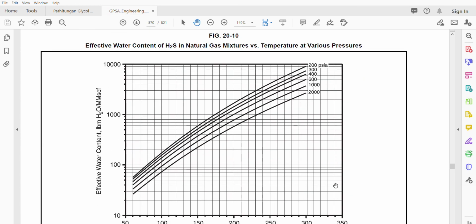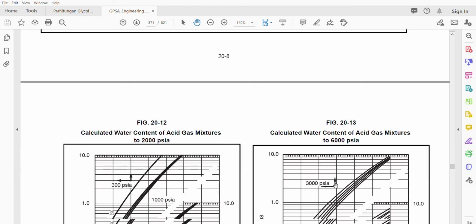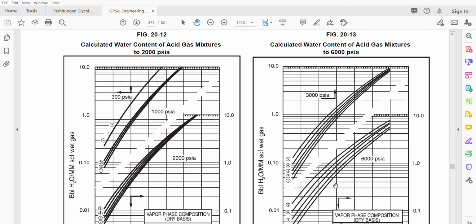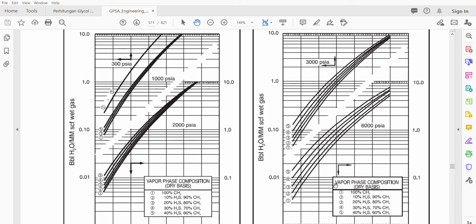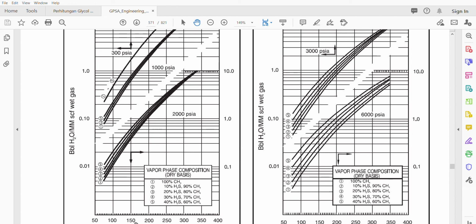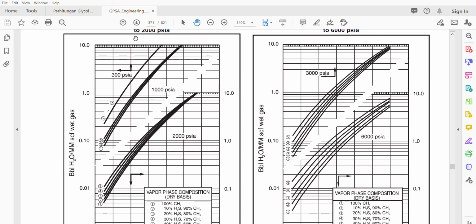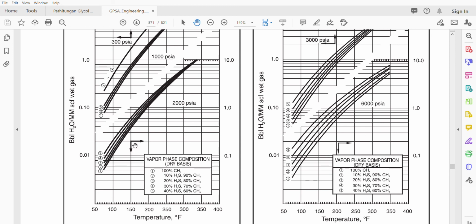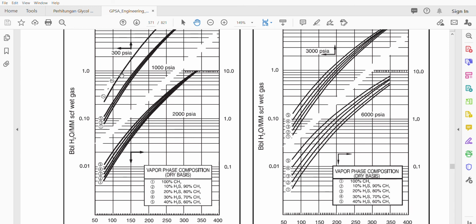And then for this figure 2010 and 2012 and 2013, you see here that there is a difference between 300 and 1000. So if it's 300 or 1000, you use this x-axis, and this one y-axis. But if you have a high 2000 psi, you see this axis and this axis. You see here, for the small pressure it is 1, and for higher pressure it is 10. So it's different.